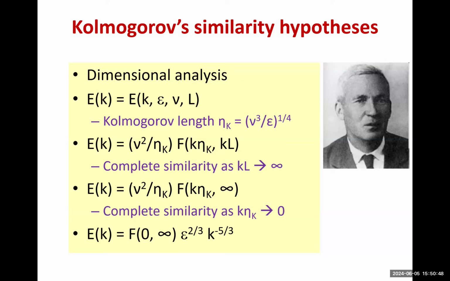So you work out what power law function it has to be and cancel the viscosity. And the only way it cancels is if this E equals some constant times epsilon to the 2/3 k to the minus 5/3. Okay, it's fantastic. It is a brilliant argument, and it's pretty much true. Okay, it's not completely true.